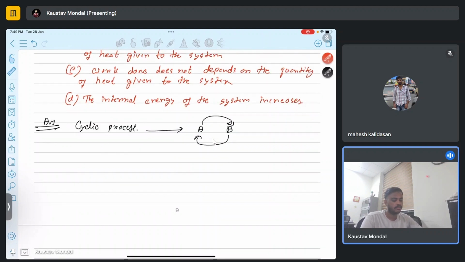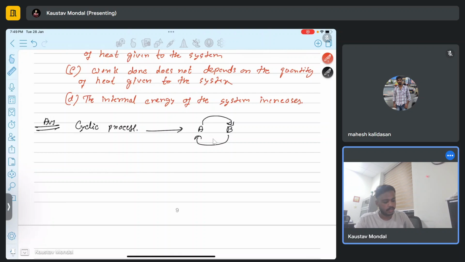Okay. So now we have already talked about path dependent and path independent thermodynamic functions, right? Now here you can see the initial and final states are equal. So for the functions that are path independent, for this kind of process, the change of those functions will be equal to 0.